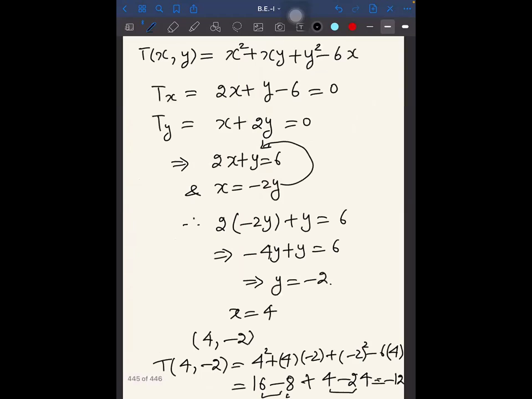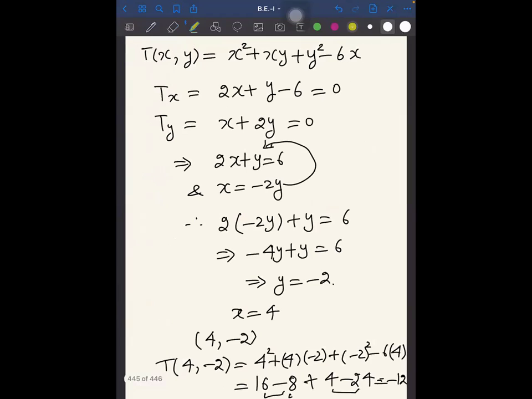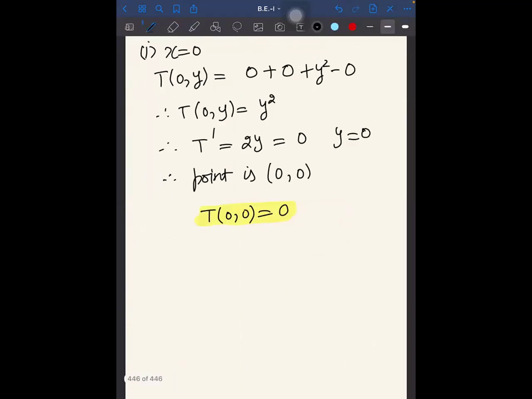Now put that point over here. So of course you will get T(0, 0) to be 0. Let's mark these values which we are getting, so that at the last we can compare which is the maximum and which is the minimum.